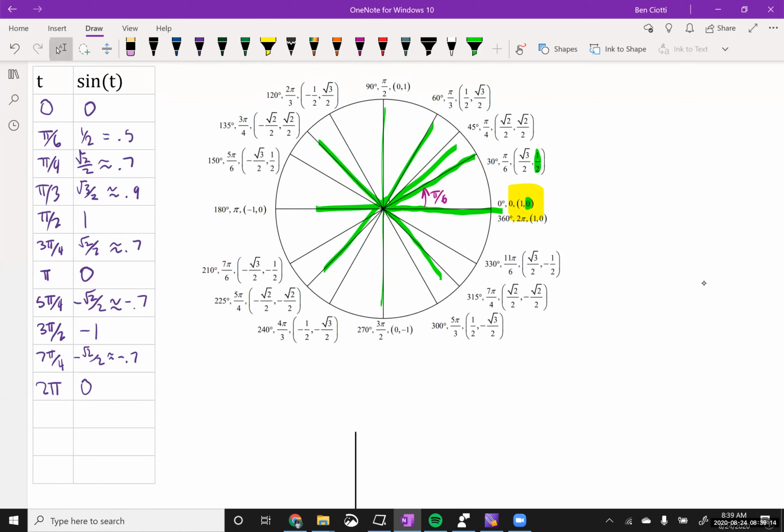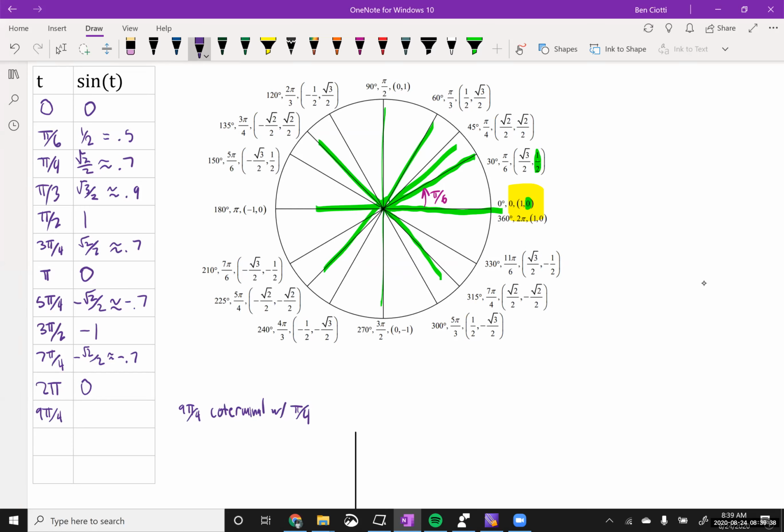Now I can go even beyond 2 pi. How about, let's see, what's after that? 9 pi over 4. 9 pi over 4 is coterminal with pi over 4.